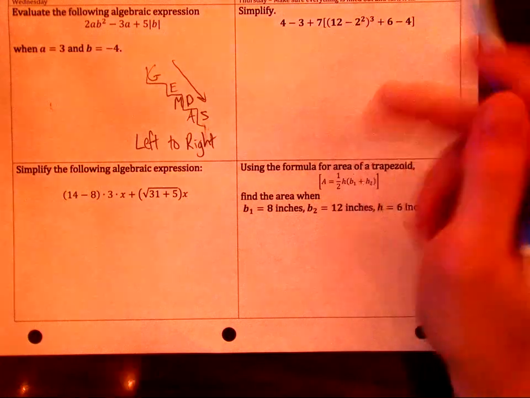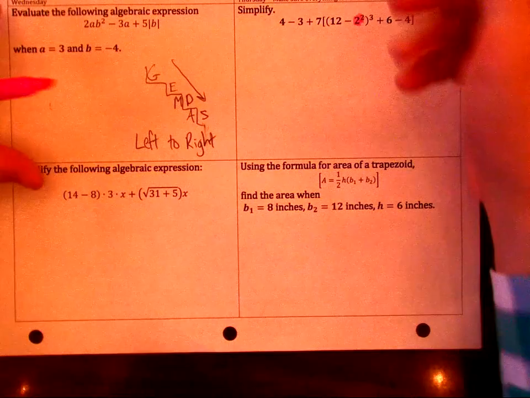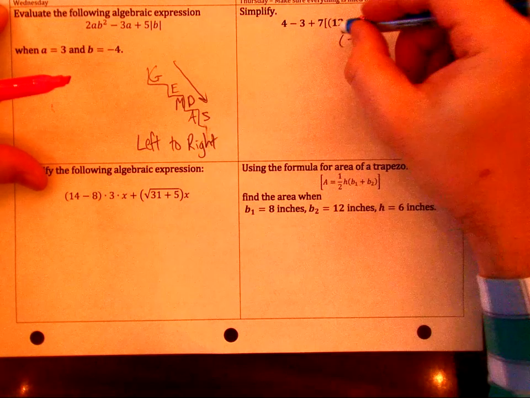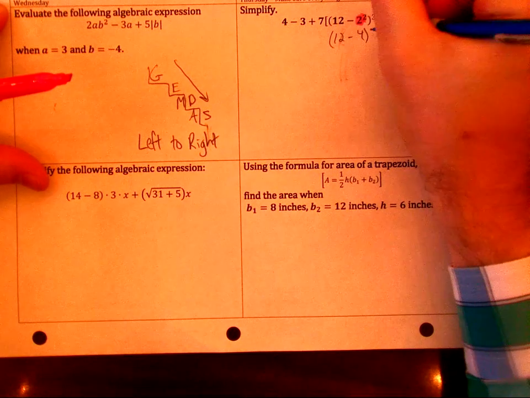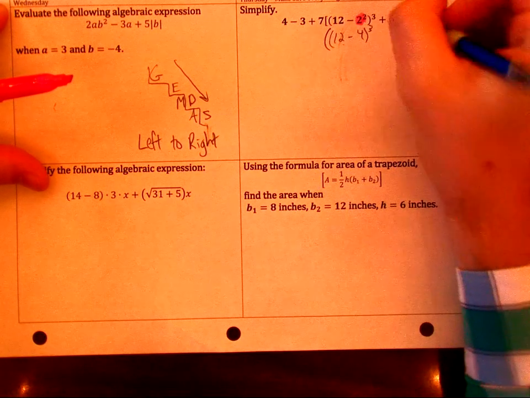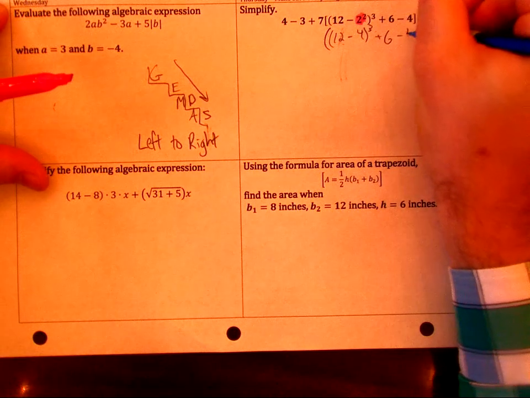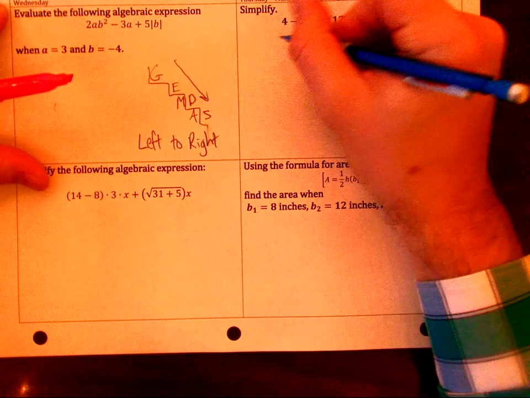Always do the innermost first, and so we have 2 squared, that's going to be 4. Everything else stays the same, so we have 4, and then we have 12. Again, just use another set of parentheses to enclose this. And you know you'll be all right.